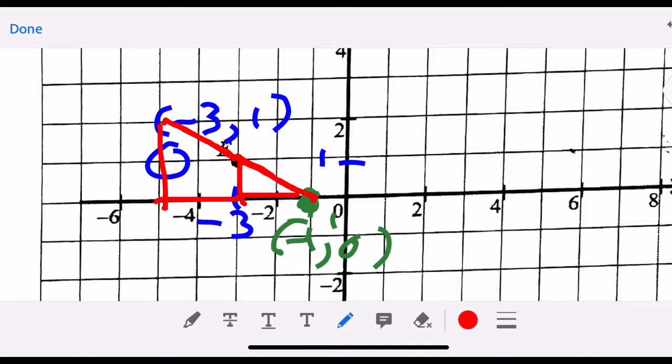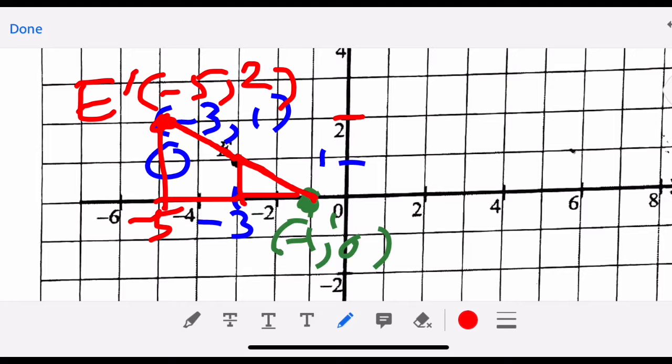That means this is the point E prime. We label this negative 5, 2. That is the answer for the first image.